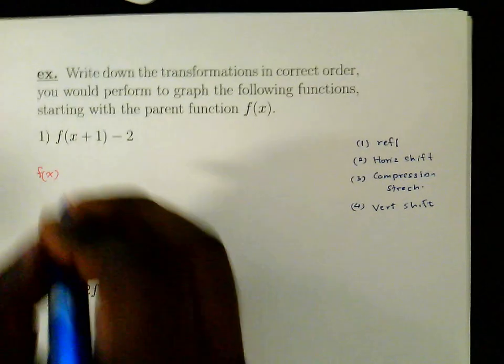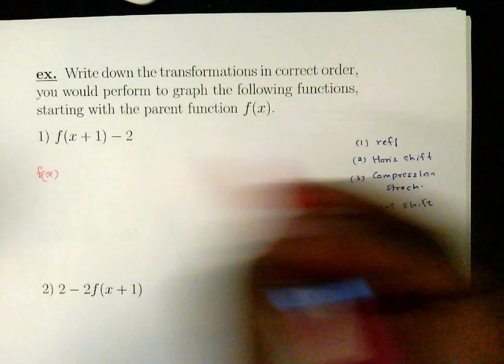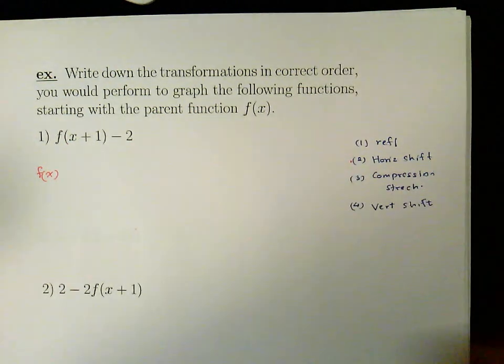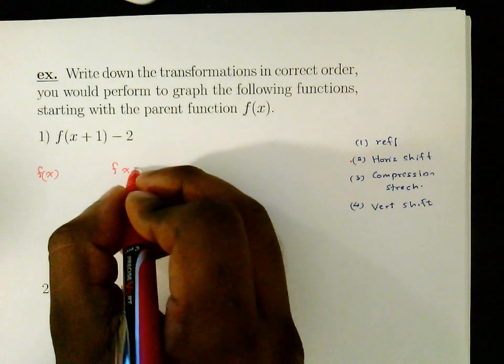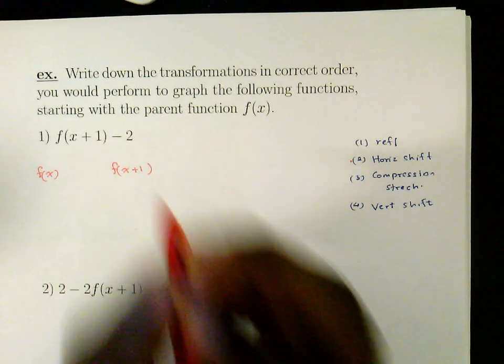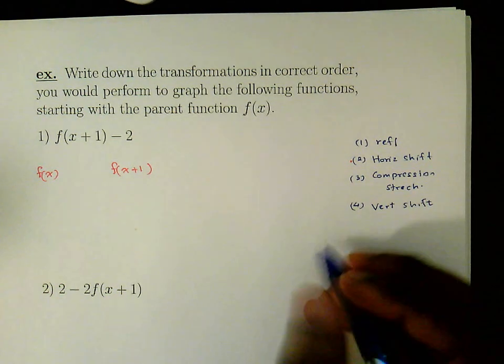Okay, so that's the way you have to go. So let's see. f(x), there are no reflections, I can do a horizontal shift, and that would be x plus 1. So that would be my second transformation. And x plus 1, remember, let me just write down what we did.